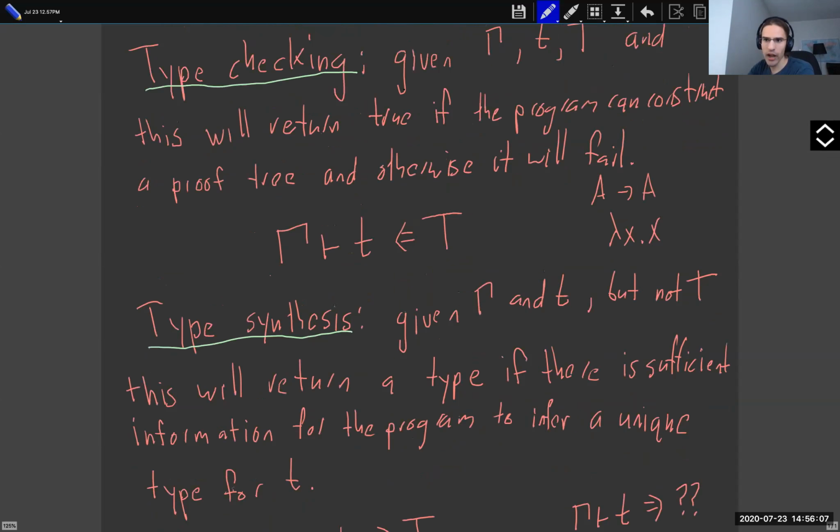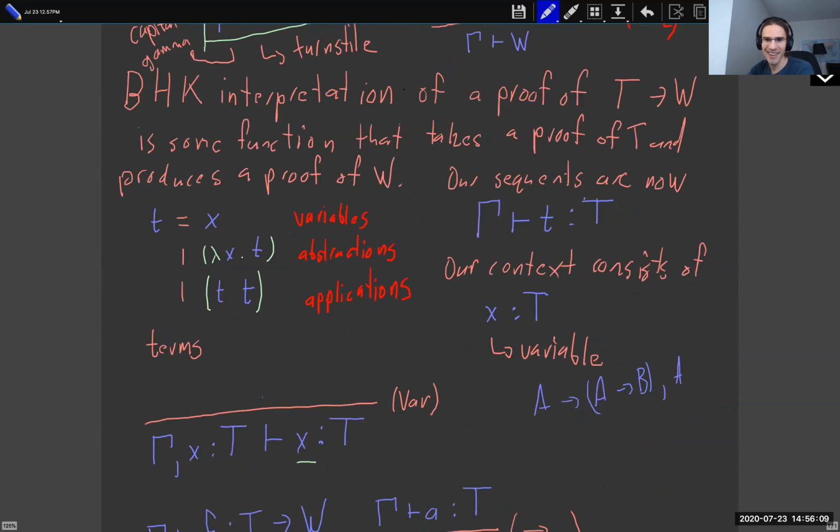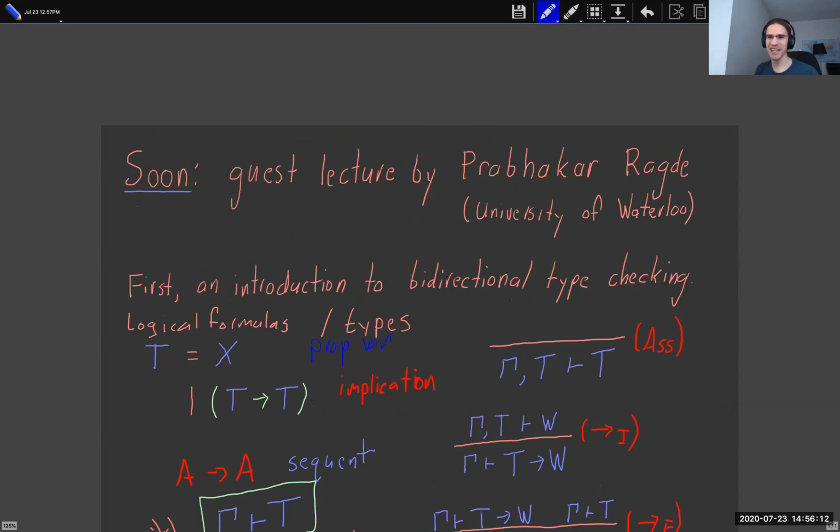Okay, and now I'll do the introduction. We're very fortunate to have Prabhakar Ragde. He's a professor at the University of Waterloo. A long time ago, he was in the algorithms group, but as of late, he's been in the programming languages group. Apart from research on programming languages, Prabhakar Ragde has played an instrumental role in developing the CS curriculum of the University of Waterloo. For example, he was a key figure in the university switching to Scheme for all math faculty classes.